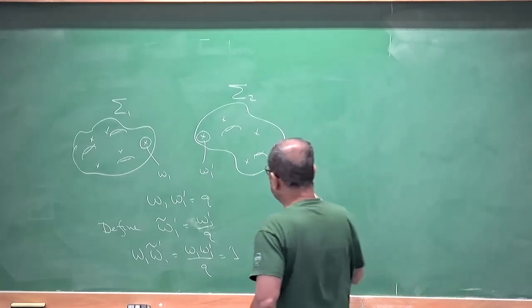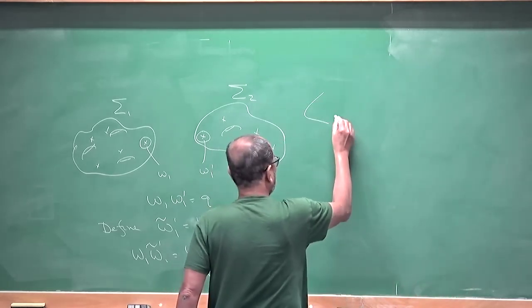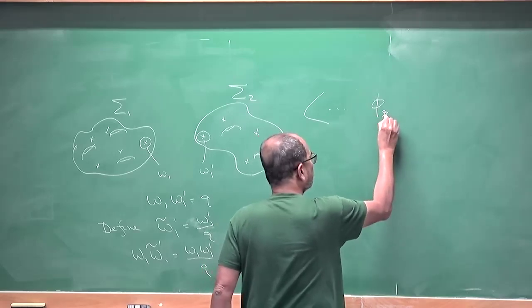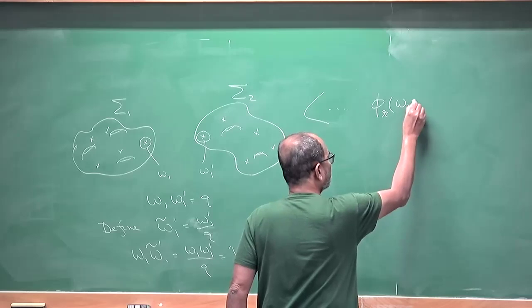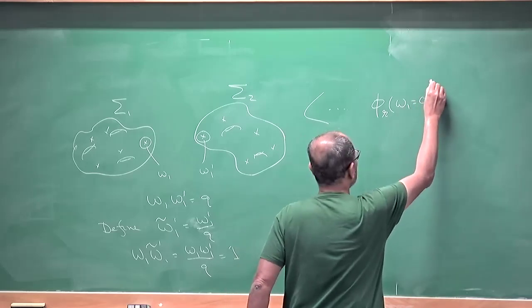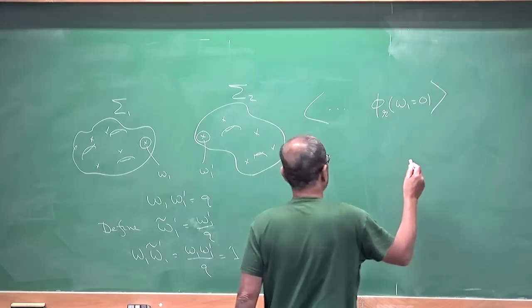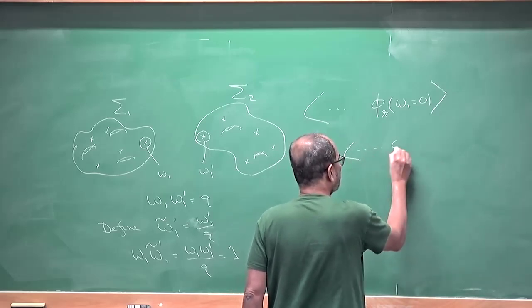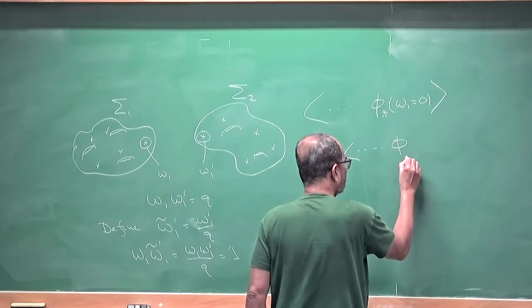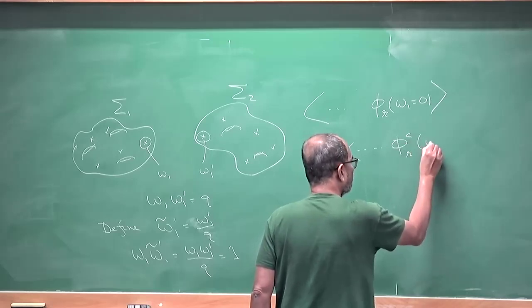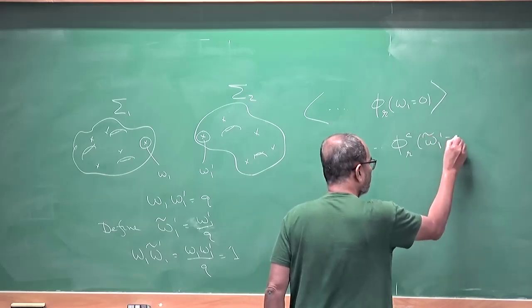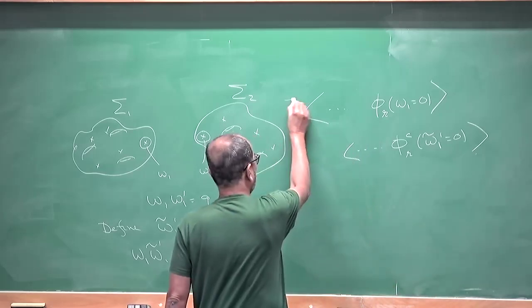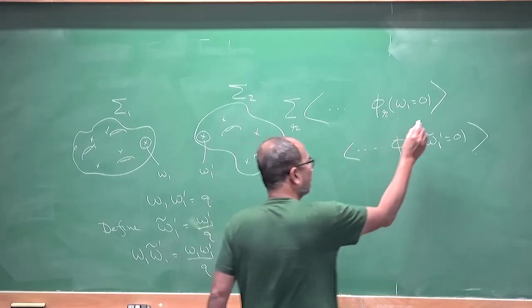So we'll write this then as a sum over R. This is on sigma 1, this is on sigma 2.